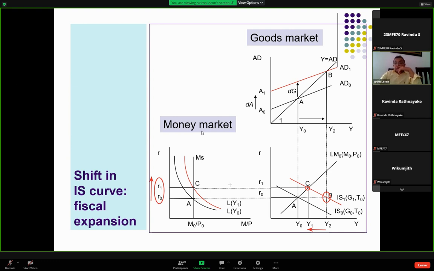In net terms, the increase in output is only this amount. Because we have looked at the money market implications of fiscal expansion.